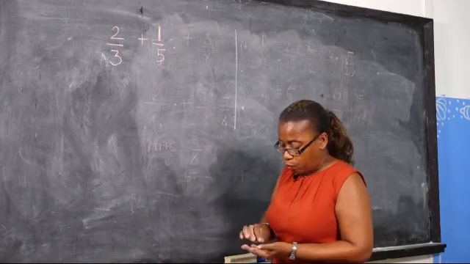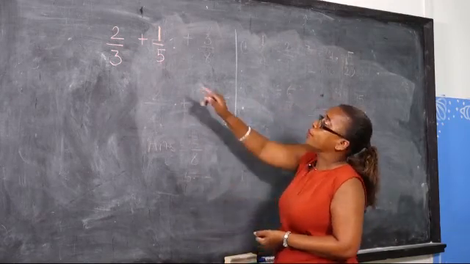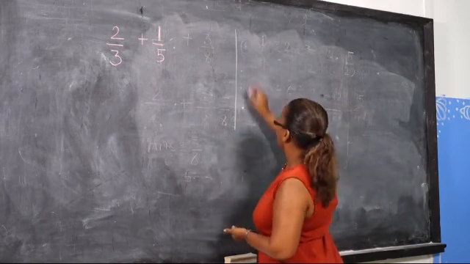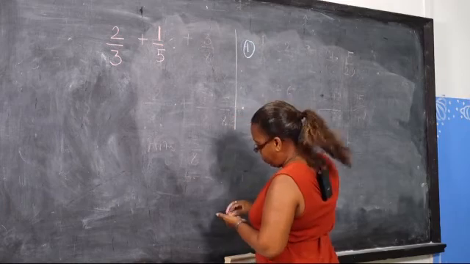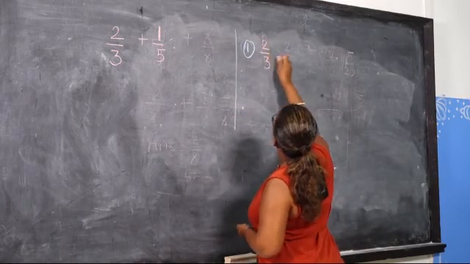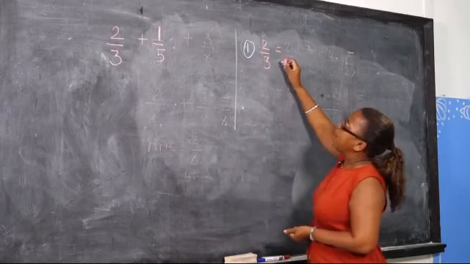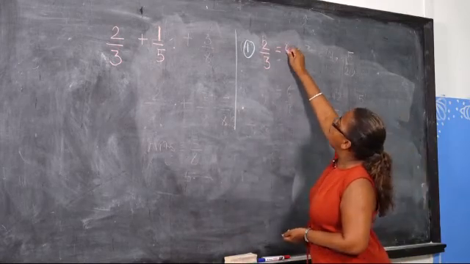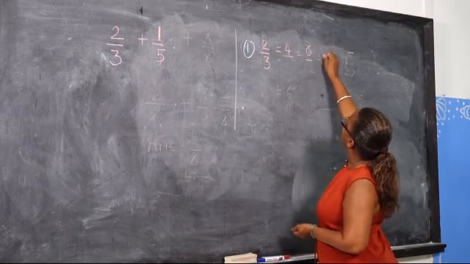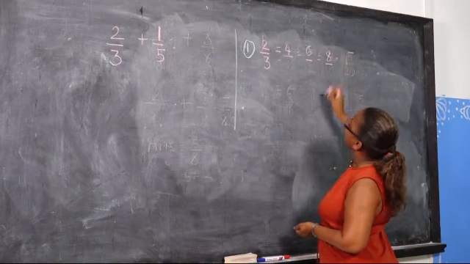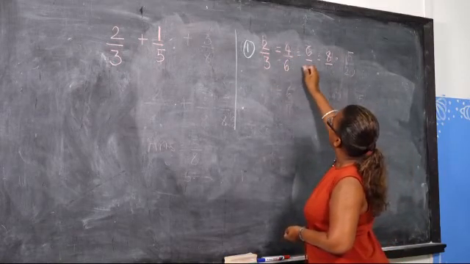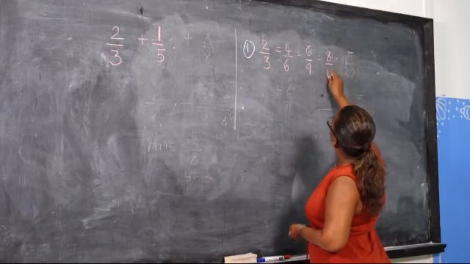So to do that, we find the equal fractions of 2/3 first. Okay. 2/3. Let us find together. We have 2, 4, 6, 8. And then we have 3, 6, 9, 12.